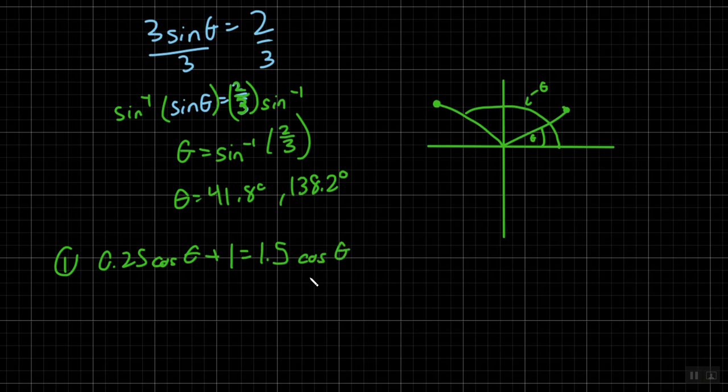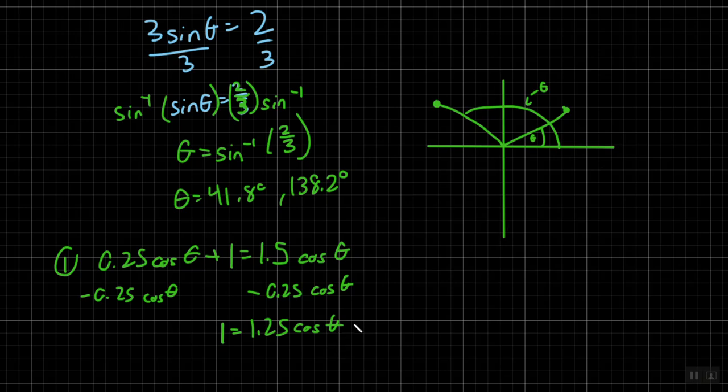What do I do first, Benj? Minus 0.25 cosine of theta on both sides. On this side of the equation, I'm left with just 1 equals 1.25 cosine of theta.